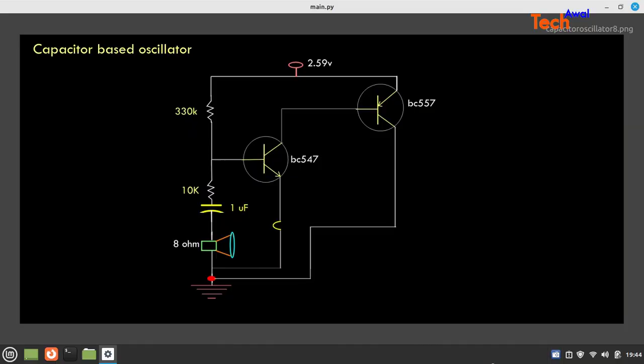Okay, as we stated, we have finished showing the output. Now it's time that first we'll measure the components, and once we finish measuring the components, then we'll start measuring the current.